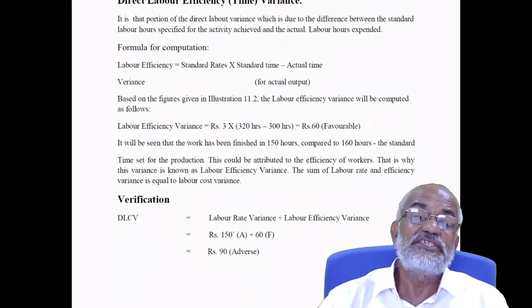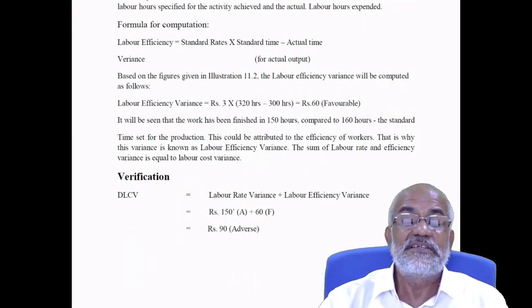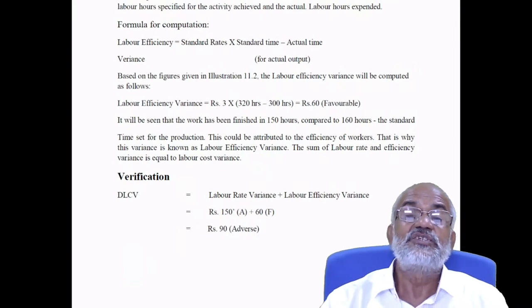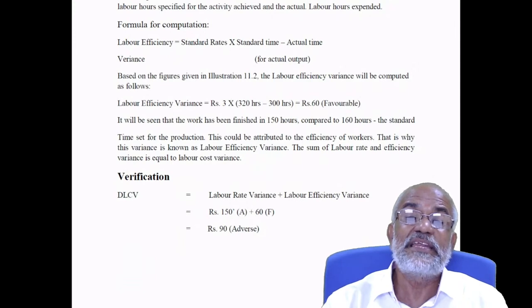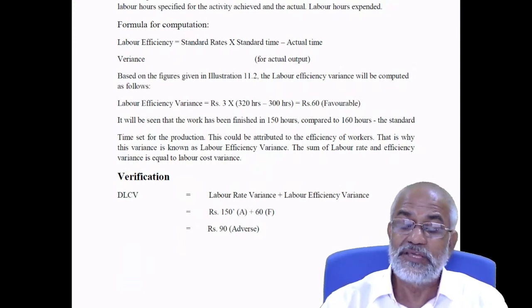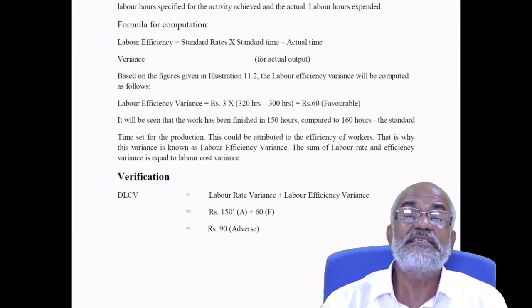So the net result is 90 adverse, and the direct labor cost variance, which was calculated earlier, was also 90 adverse. Since the direct labor cost variance is the composition of the direct labor rate variance and the labor efficiency variance, obviously the resultant of the two would be equal to the direct labor cost variance, and it is proved to be true here.